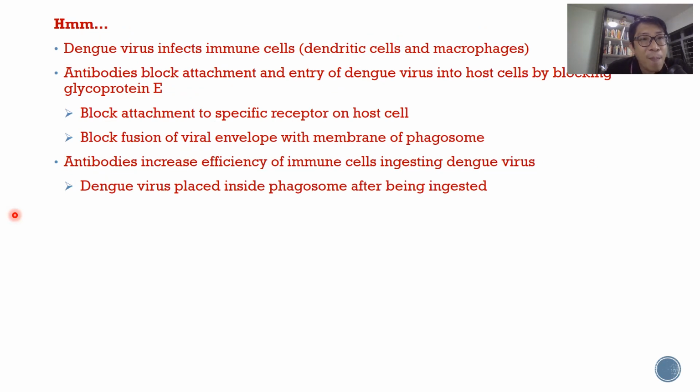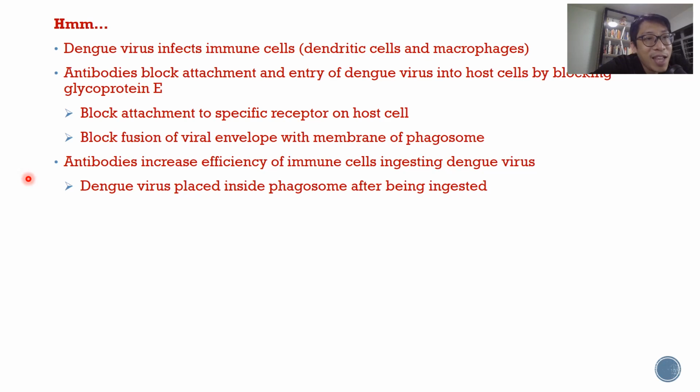Okay, but if you are thinking clearly, the dengue virus infects immune cells, specifically the dendritic cells and macrophages. The function of the antibodies, of course, number one is to block infection.